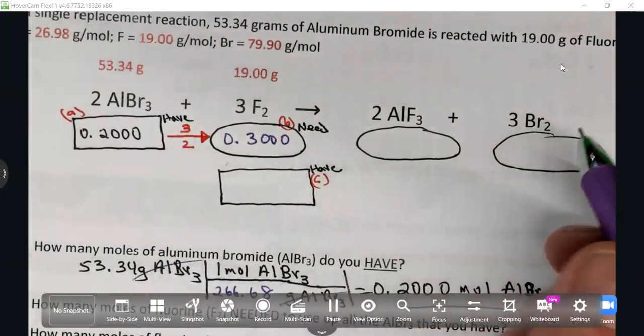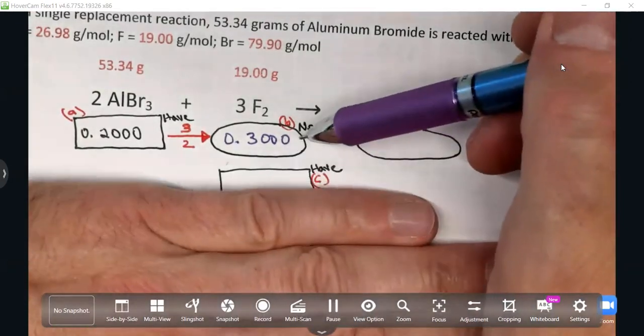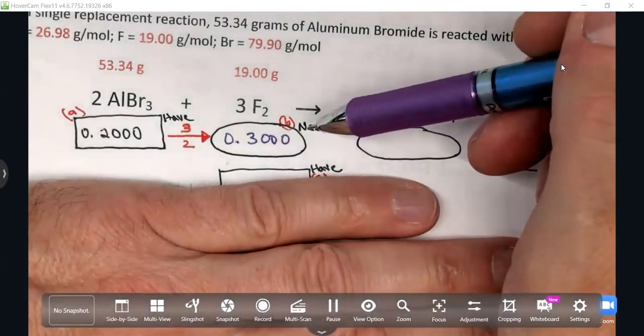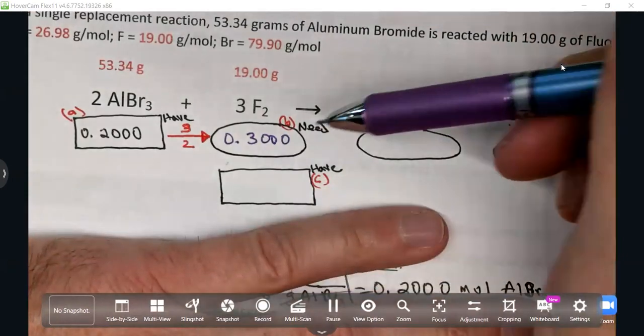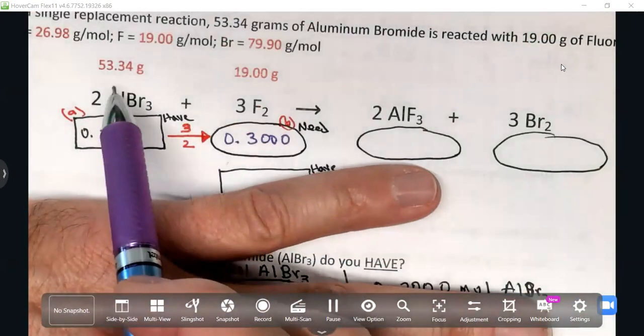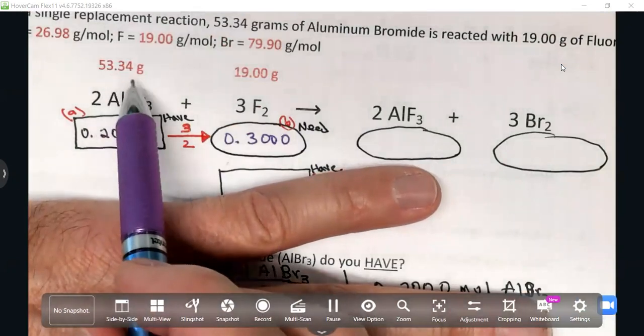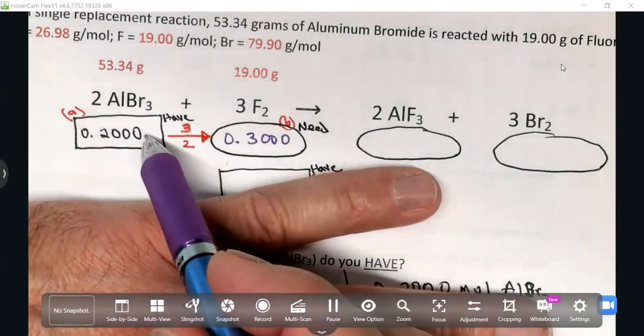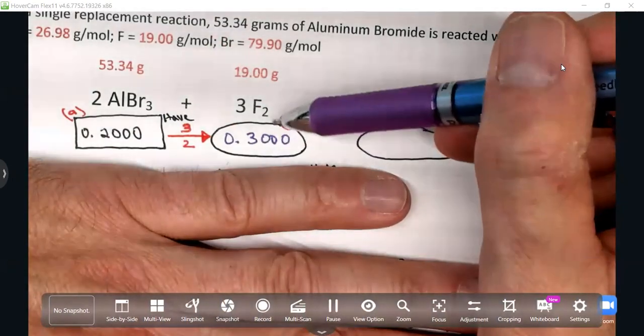Now, what did we just calculate? What does this 0.3 mean? This means if we want to use up all of the 53.34 grams of aluminum bromide, we need 0.3 moles of fluorine.